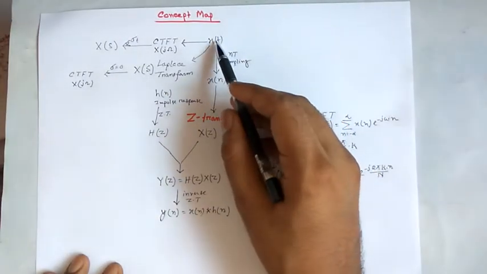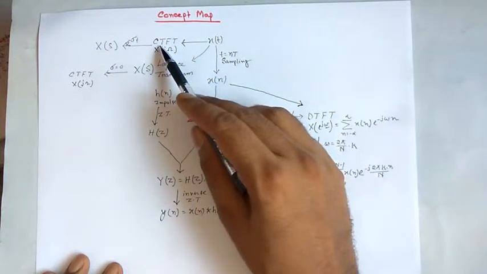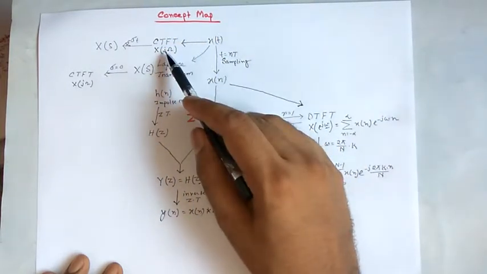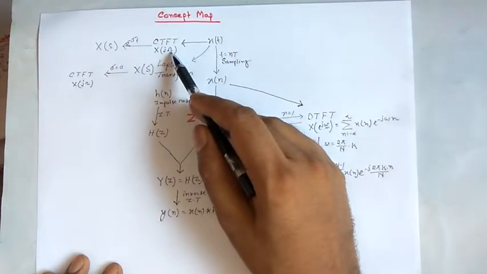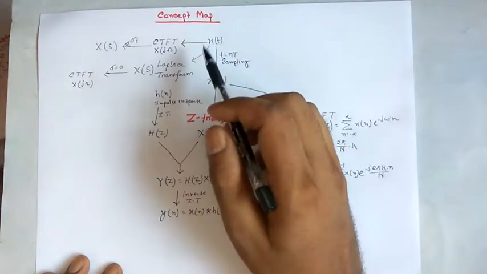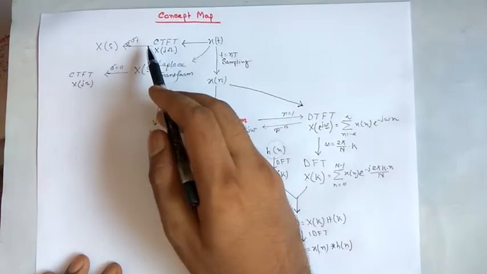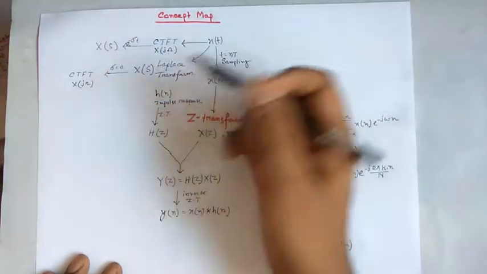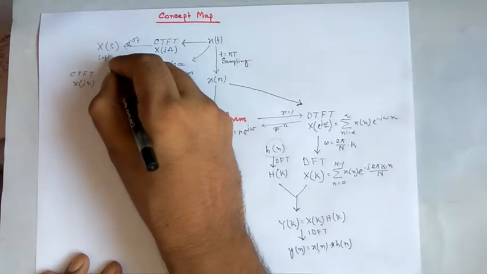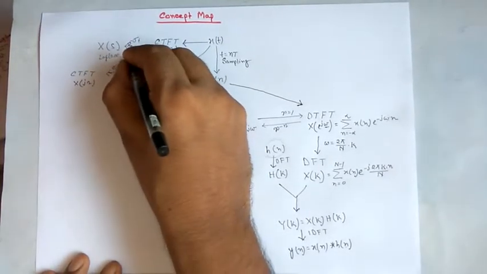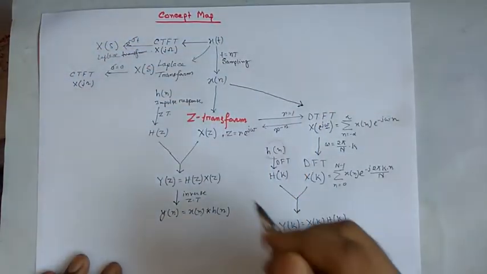And here we see for continuous time signal x(t), we can find CTFT, continuous time Fourier transform, which is represented as capital X of j omega. Omega is used for the continuous time signal, and if we multiply it by e to the power minus sigma t with CTFT, then we will get the Laplace transform, which is represented by X(s).